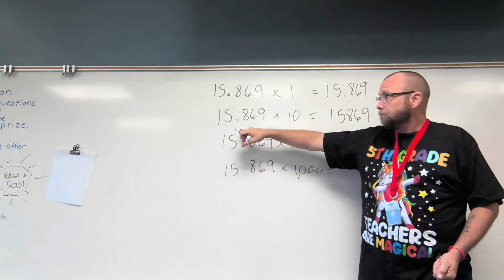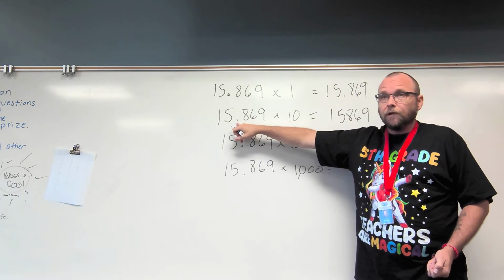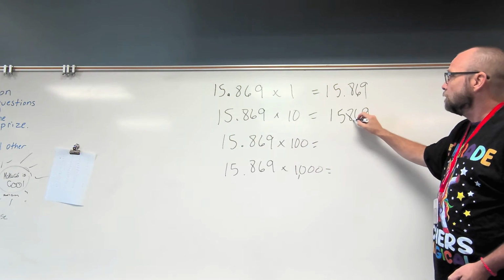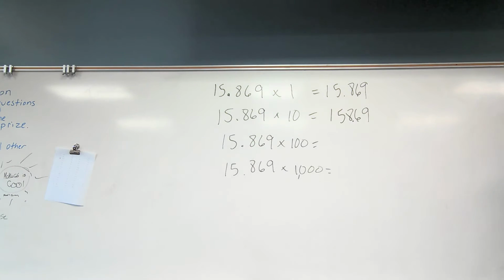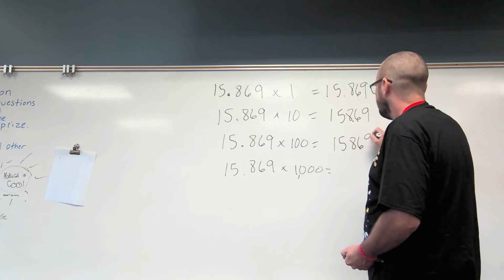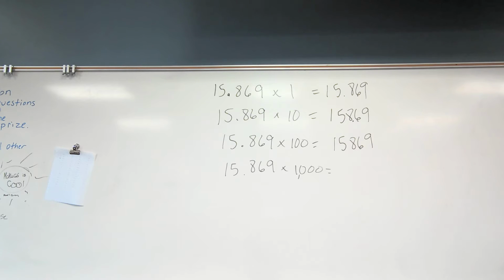Between which two digits? When I multiply by 10, I move my decimal point to the right one place. Good. So 158 and 69 hundredths. I'm going to have the same numbers here. Where is my decimal point going to be, Courtney, in this one?